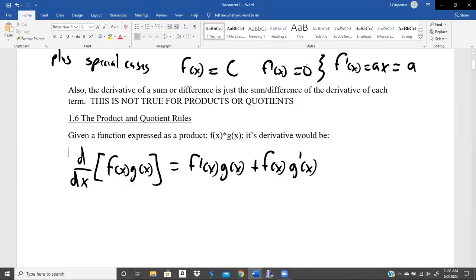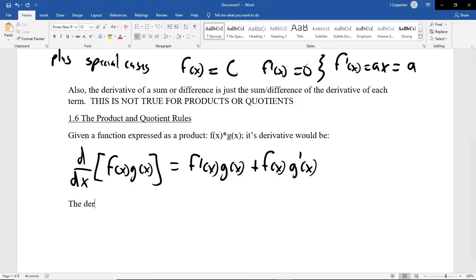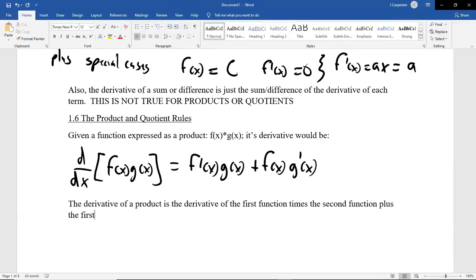In other words, the derivative of a product is the derivative of the first function times the second function plus the first function times the derivative of the second function.